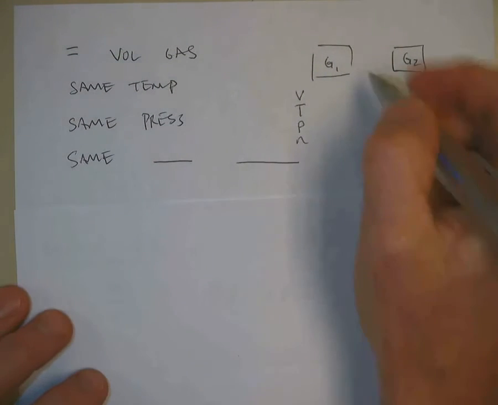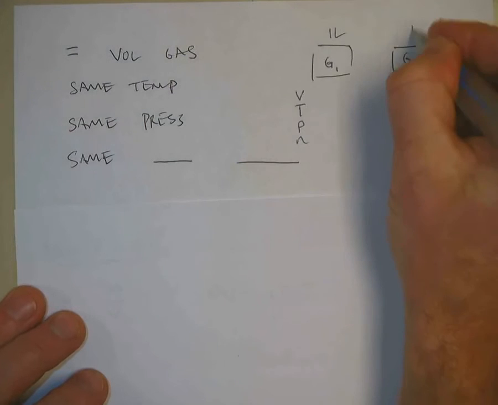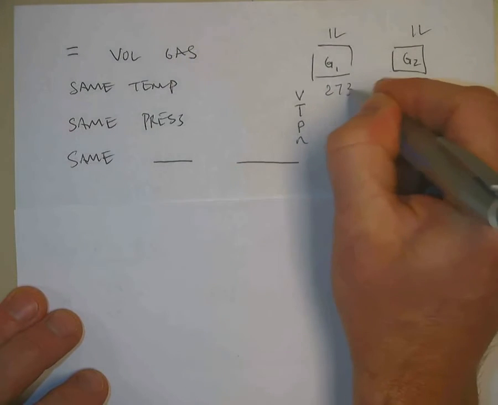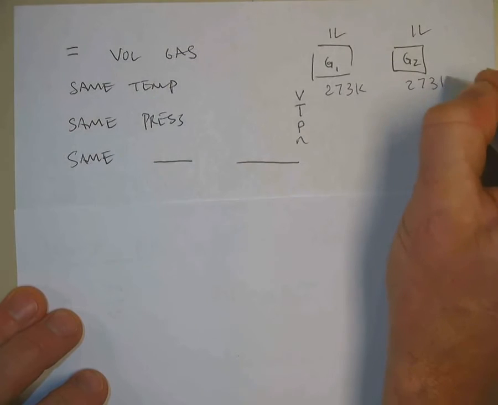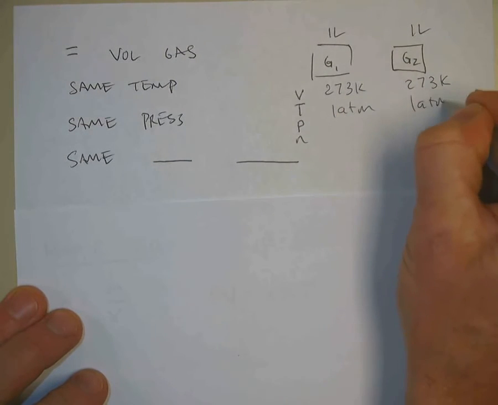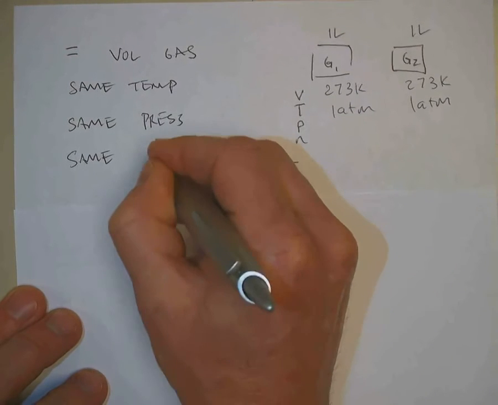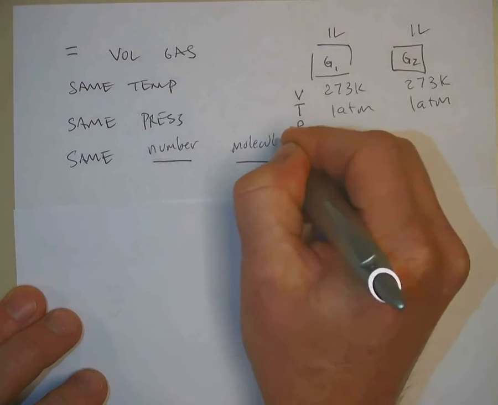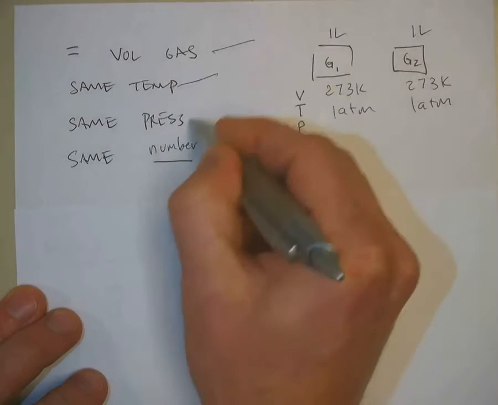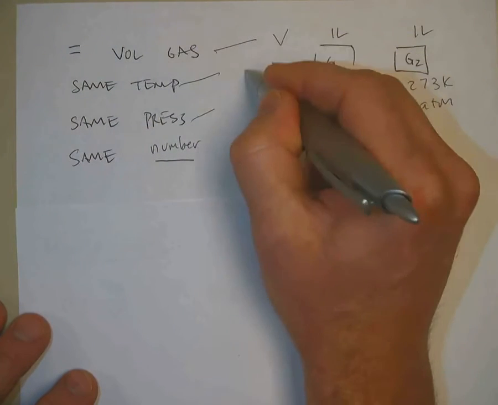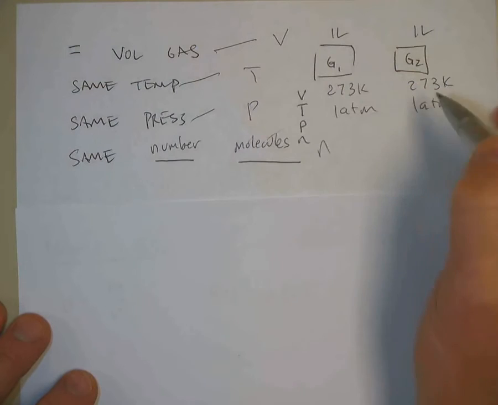Here's one that actually went along with a little song that we had in class: equal volumes of gases. For example, if I had 1 liter and 1 liter of two different gases, at the same temperature, 273 K and 273 K, and at the same pressure, say 1 atmosphere and 1 atmosphere, then we conclude that they have the same number of molecules. These are the four relationships we just talked about: volume, temperature, pressure, and number of moles of gas.